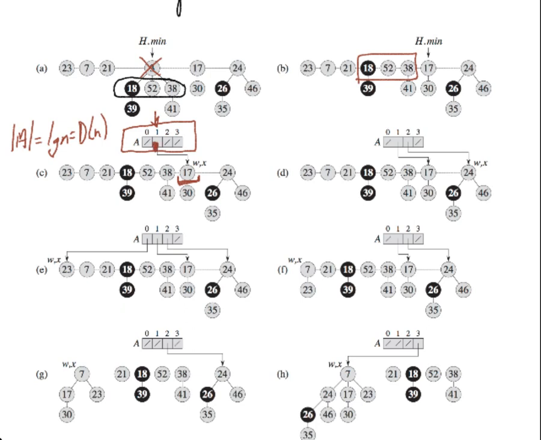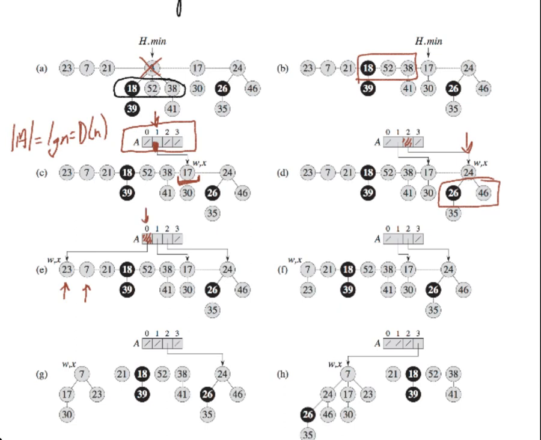Now we come to part D, and we look at this node here, it's of degree 2, and so it's placed at index 2. Then we come here. Its degree is 0, so it's entered here. Then we look at the next one, and its degree is also 0. So we have a conflict in the array.